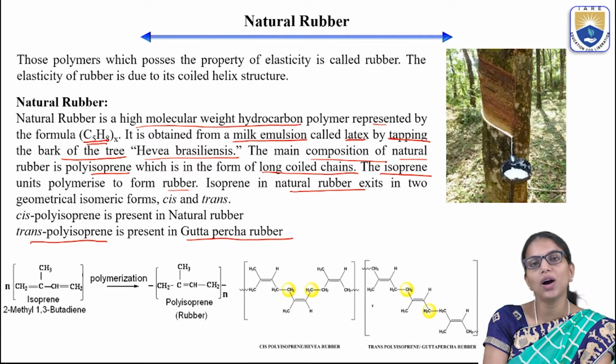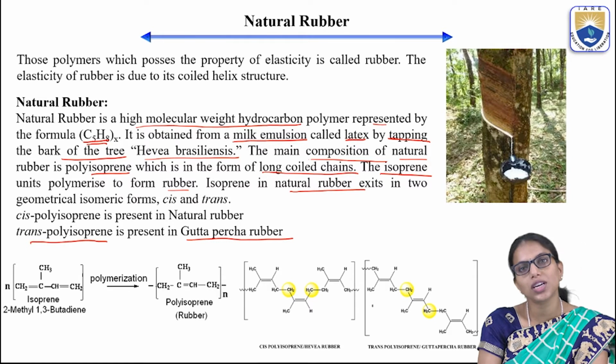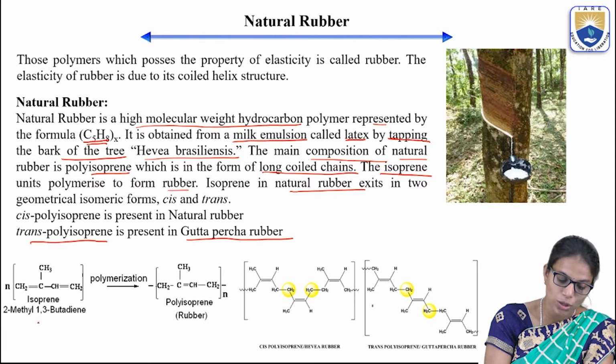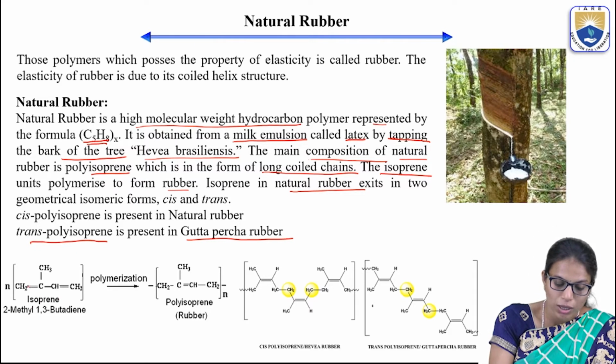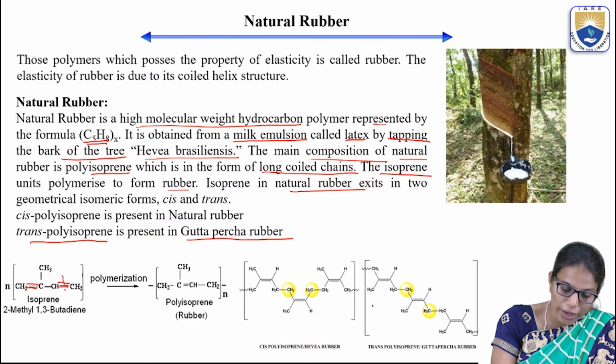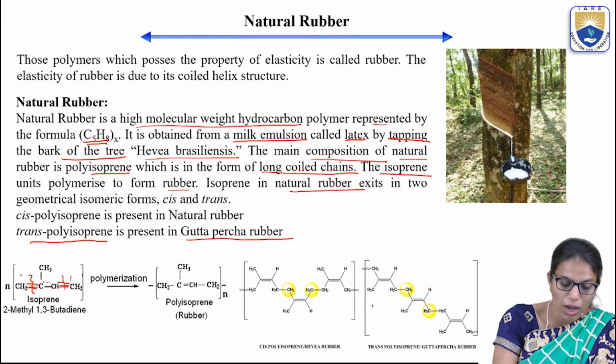If I talk about the structure of isoprene and of polyisoprene, we will see the reaction. Here isoprene has two double bonds, and whenever one breaks, it will form a double bond here.